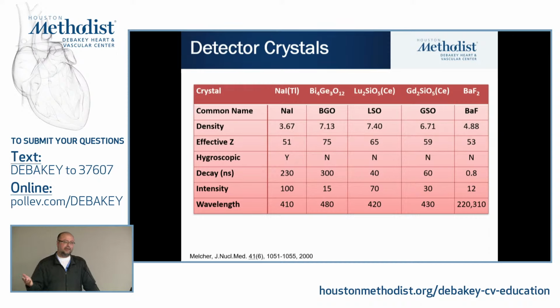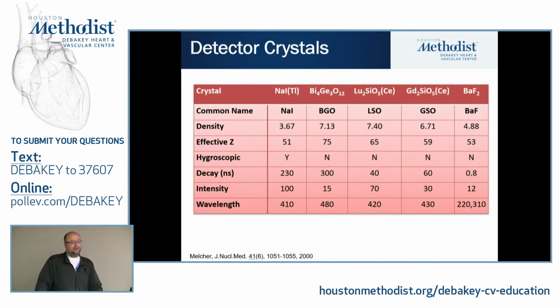There's a new crystal that came out recently which is called CZT, which is a different crystal. But most of the SPECT machines are sodium iodide. With PET, we don't use sodium iodide. We either use BGO or LSO. Our machine here is LSO. It has better efficiency.